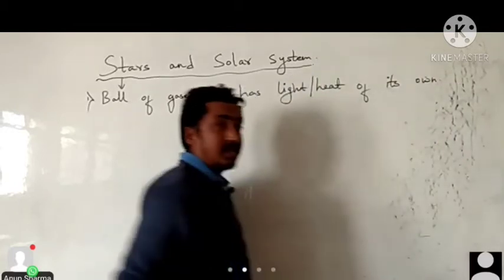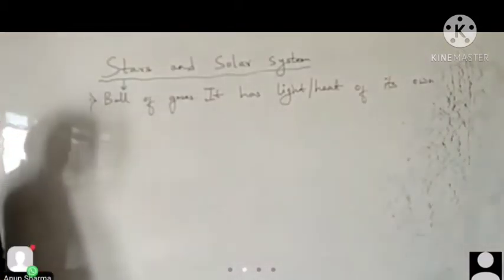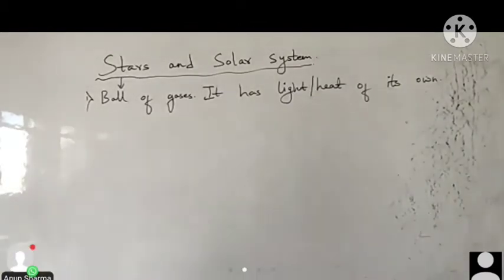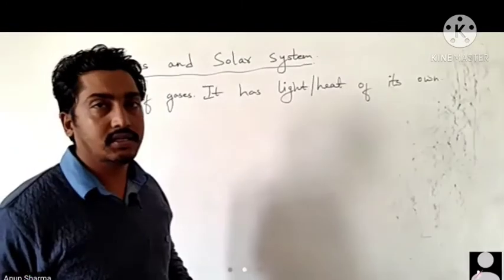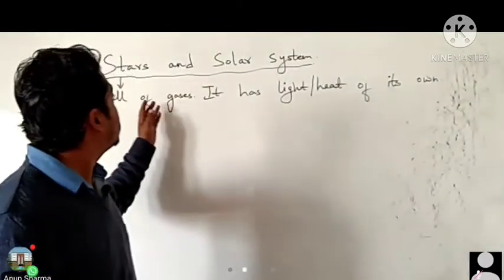That means they can emit their own light. It's not like the moon. We know that the moon doesn't have its own light. It only reflects the light of the sun.